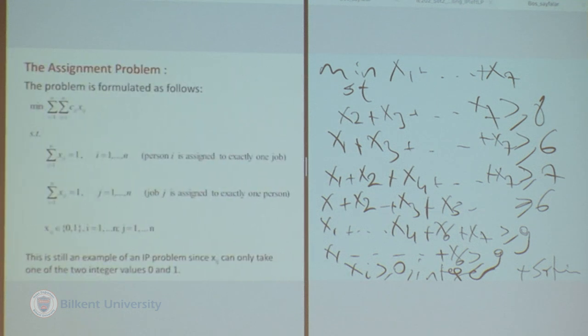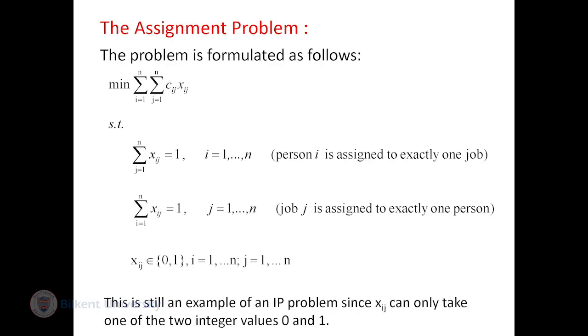I want to minimize my total cost, time, whatever cij is, my performance measure. And for the x's where I make the assignment, I'll take the cost. Now I have to make sure that each person can only do one job. So for each person, their summation over xij is 1.